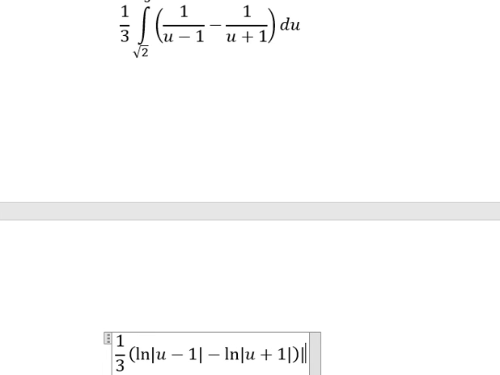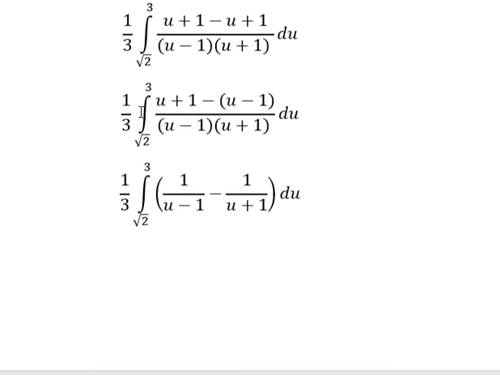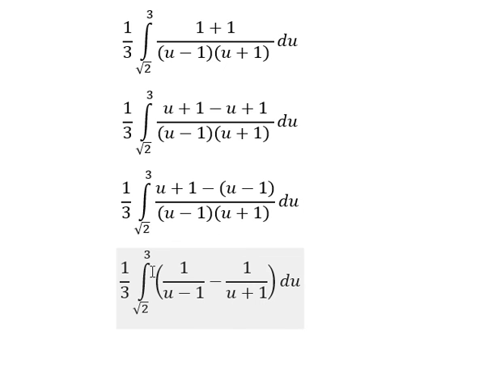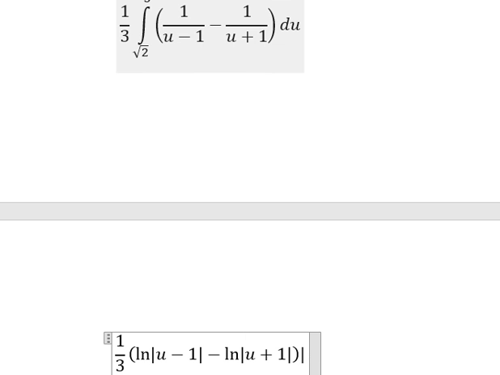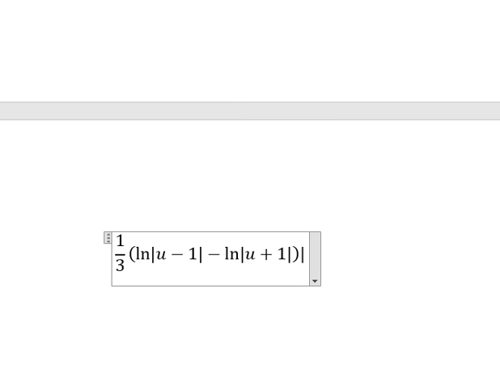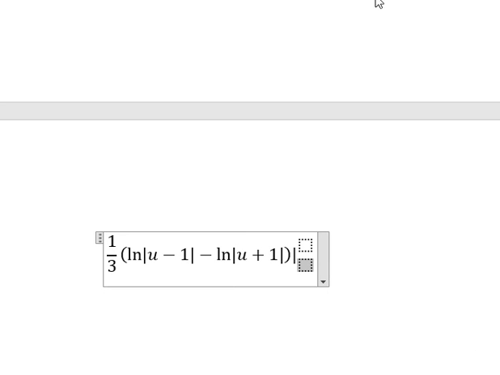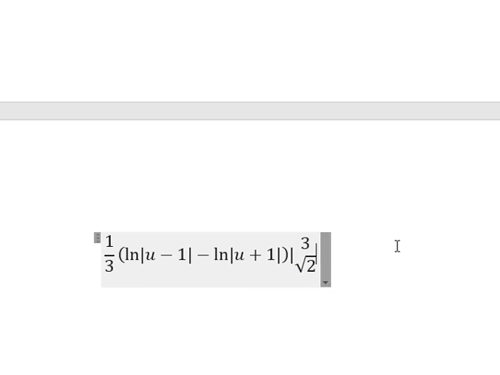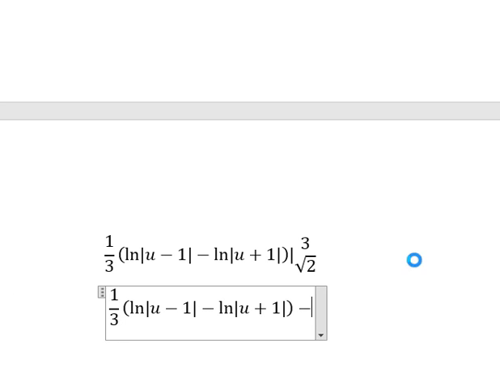And then I will put the bounds from the square root of number 2 over number 3. And now we have the final answer.